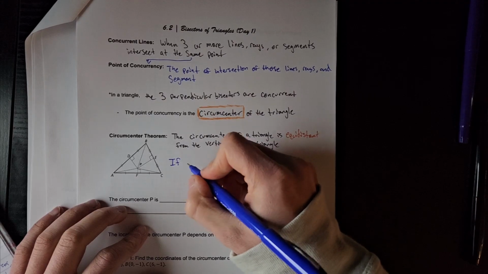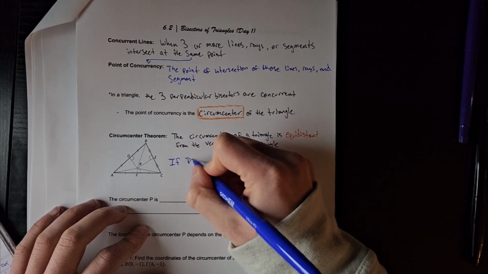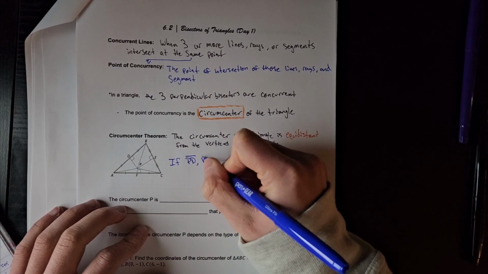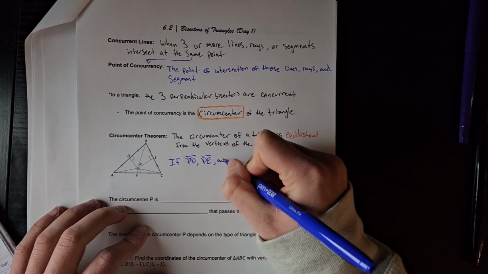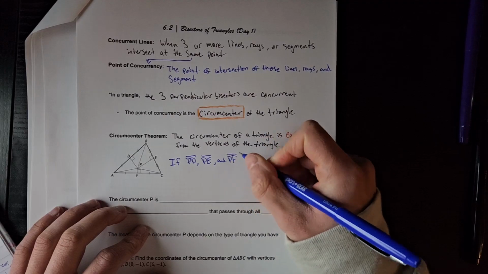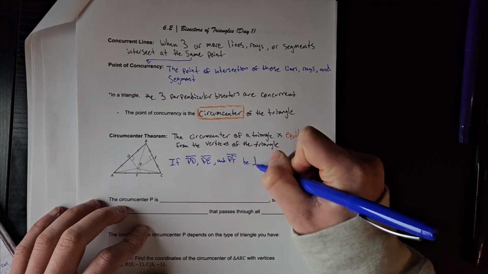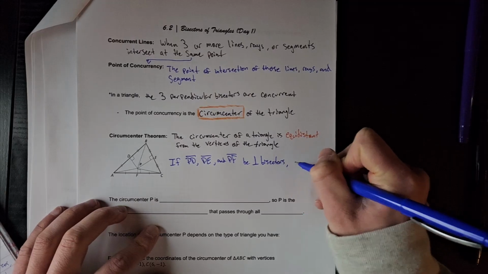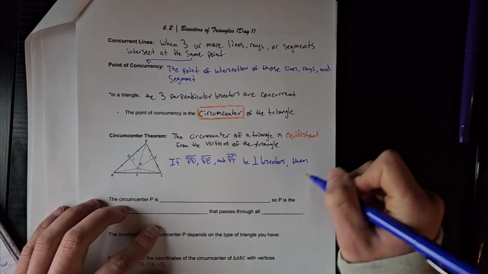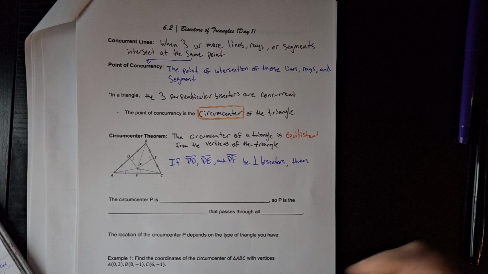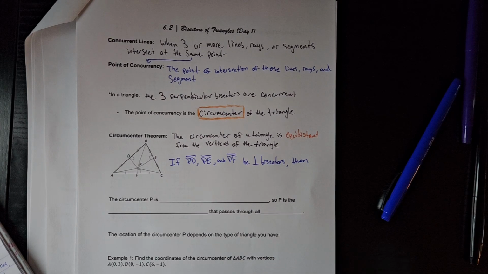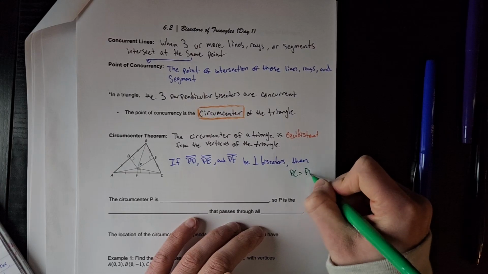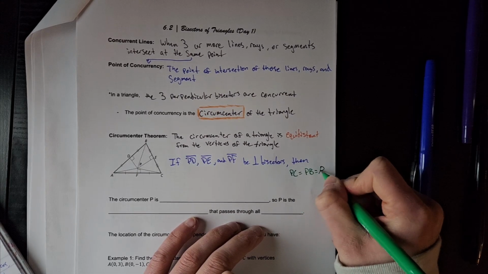So if we have that the segments PD, PE, and PF are perpendicular bisectors, then that means PC is equal to PB, and that is equal to PA.